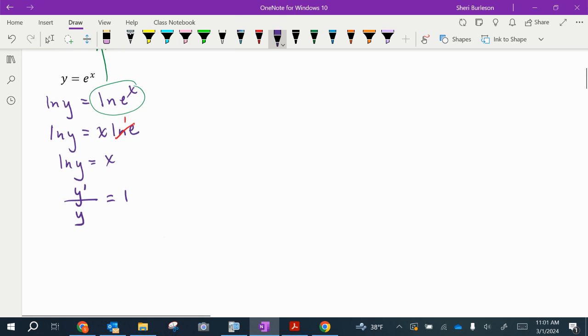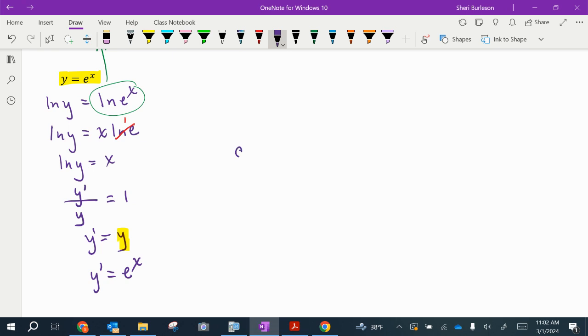So now to solve for y prime, I multiply both sides by y, and I want this in terms of x, not in terms of y. So when I substitute back in, y was equal to e to the x. What I see is that y prime is e to the x.